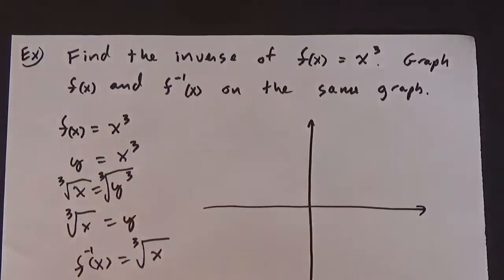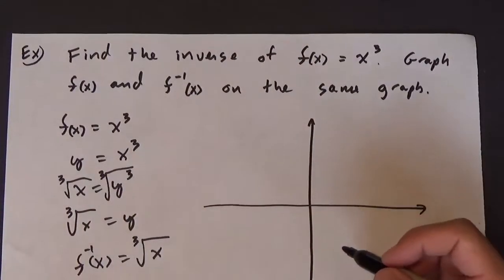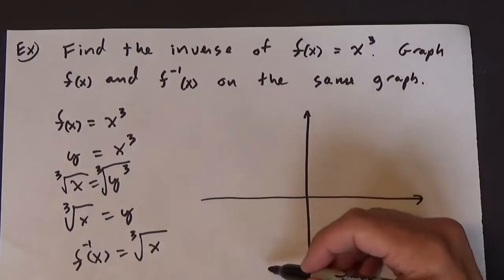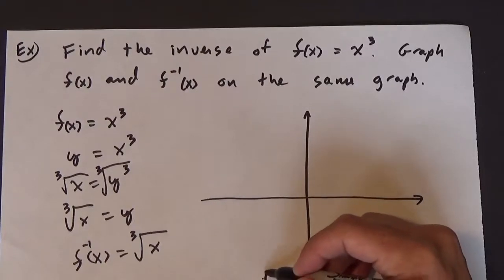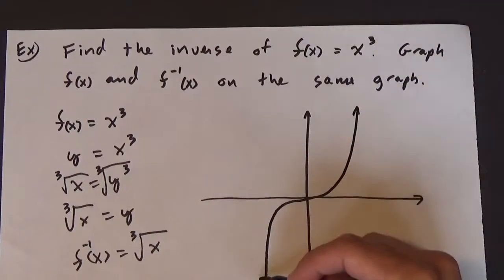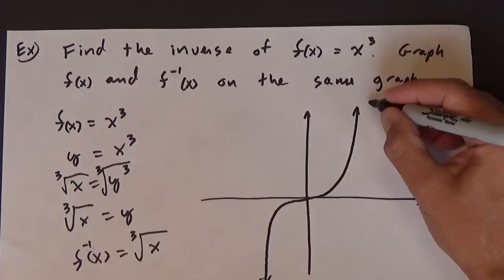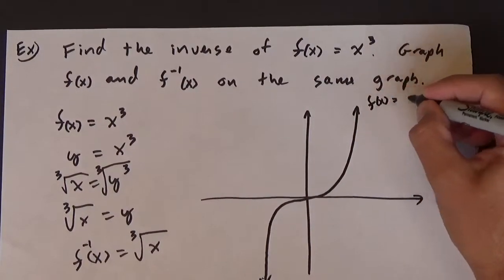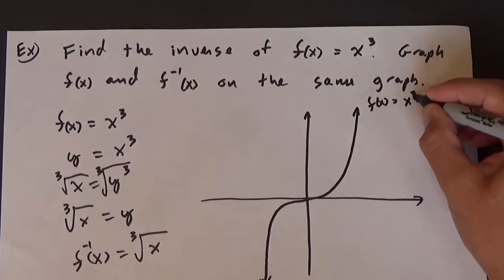Now, x cubed was one of our parent functions, so we know how to graph that. It looks something like this. There we go. So this is f of x equals x cubed.